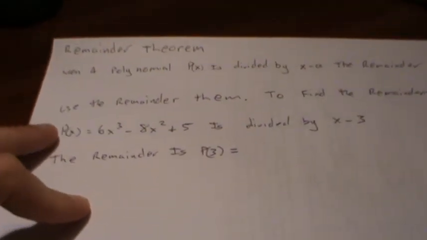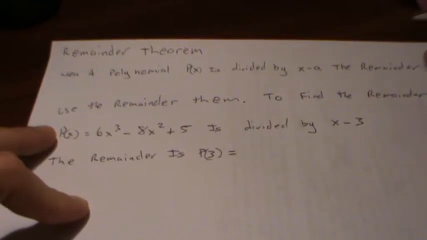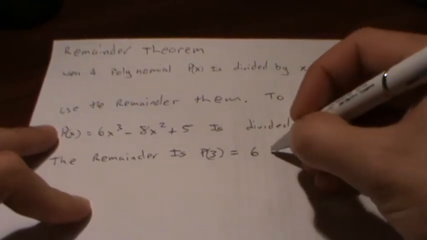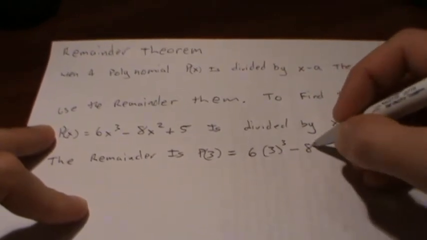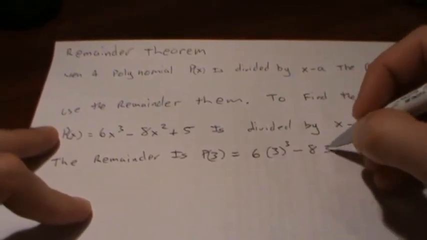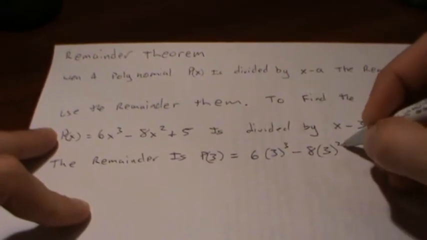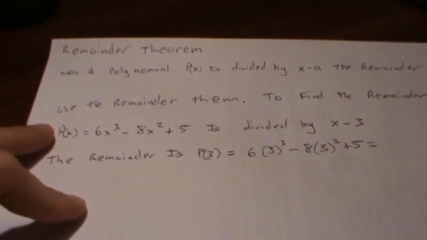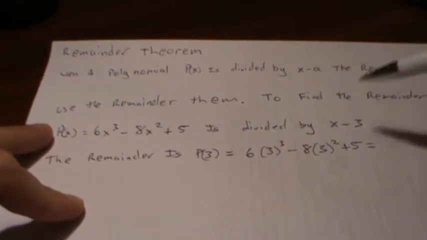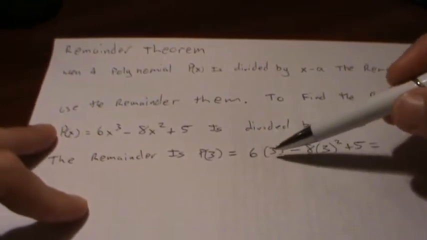That's pretty easy because p of 3 is actually just going to be 6 times 3 to the third minus 8 times 3 squared plus 5. And so this is a big one here.